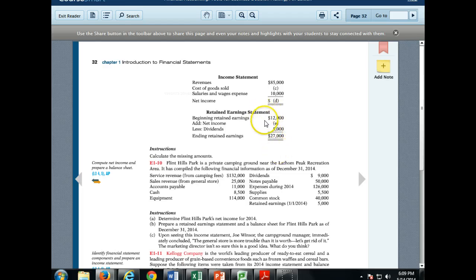So what do you think our net income needs to be? All we have to do here is backfill it in. What do you guys think it's going to be? 20,000? Yep, 20,000. Perfect. So we know that our net income has to be 20,000 to make this retained earnings statement complete.